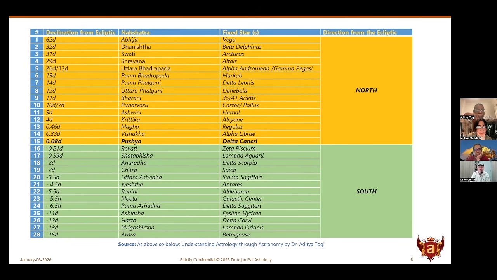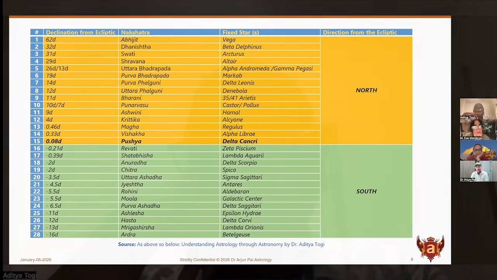That means they're balancing it. So which are Chara nakshatras? Dhanishta, Swati, Shravana. Shatabhisha is one here. Punarvasu is also a Chara nakshatra. So you see more Chara nakshatras in the northern part of the ecliptic.